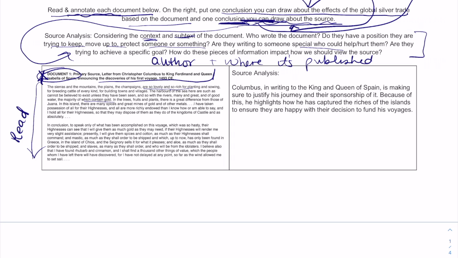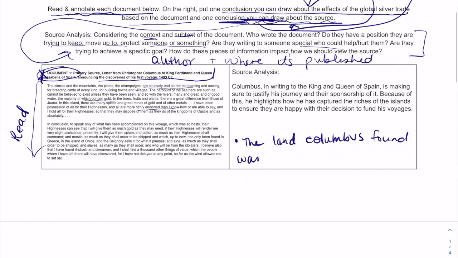They are richly endowed, hooray. He's talking a lot about how spectacular the places he's found are. So a conclusion I could draw from the document would be the land Columbus found was rich in resources.